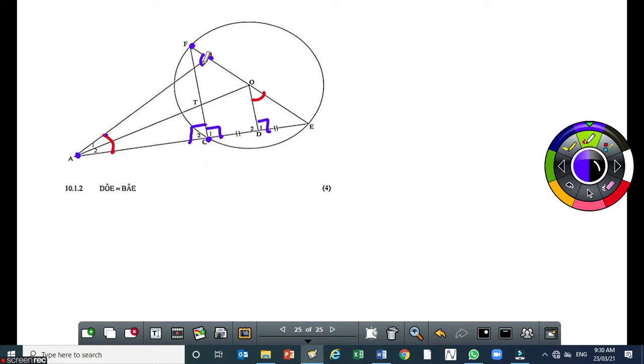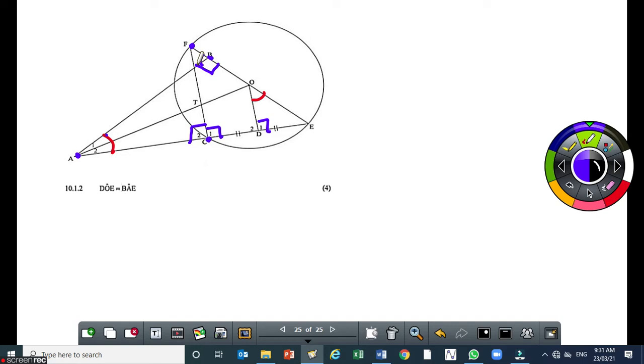Angles in the same segment. Are you following that? But then, that means this angle here is going to be equal to 90 degrees. Yes, it's going to be 90.